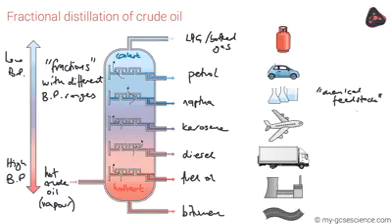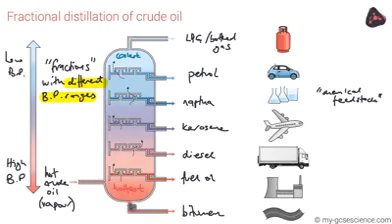But the key thing to know about this process is the fact that these different fractions are separated based on their different boiling points, and that at the start we have hot vaporized crude oil, and at each stage at the specific different boiling points the gases condense into liquids which are tapped off at these different levels.